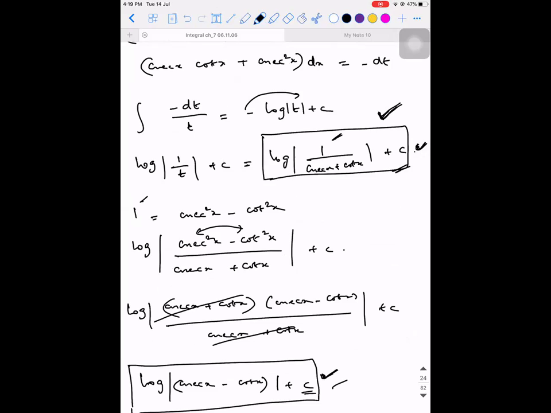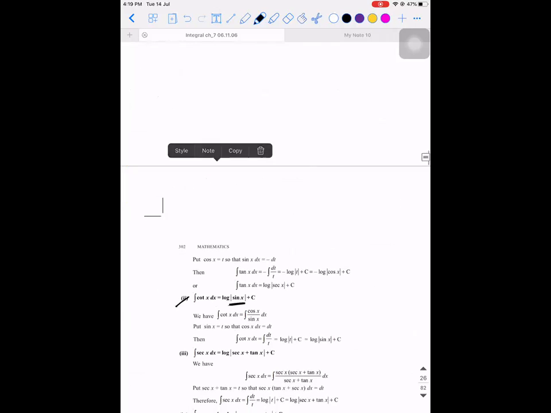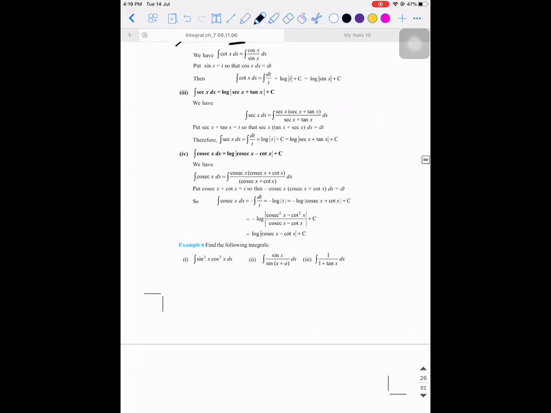It is just manipulation. So it is an advantage. You can learn both. Okay. So here there is no other doubt. No, sir. No doubt. Okay. So log of cosecant x minus cot x.